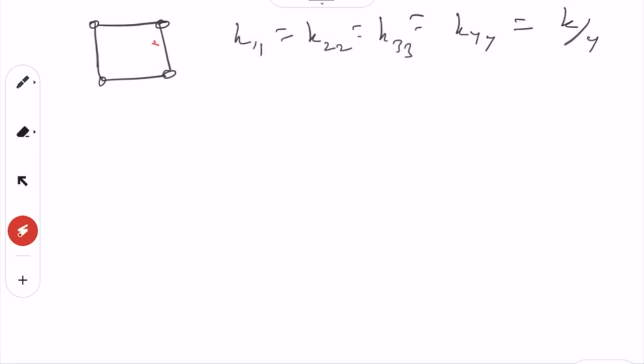Although this and this will be equal, if you know this one, you can guess this. What you have to do, you just interchange a with b, you will get it, right? So this is also an insight you can use to be fast at calculating. Say k12 we want, 1 2 3 4.